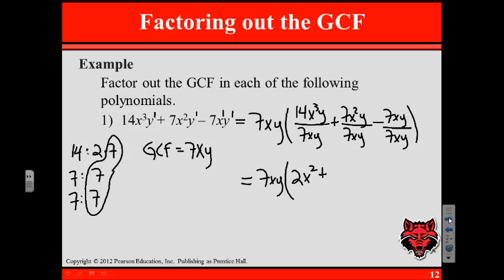Plus 7 divided by 7 is 1, so we don't have to write it because we have variables. X squared divided by x is x, and y divided by y cancels. Minus. The 7's cancel, the x's cancel, and the y's cancel, so we put our placeholder of 1. When everything cancels, it becomes 1 when we are multiplying and dividing.